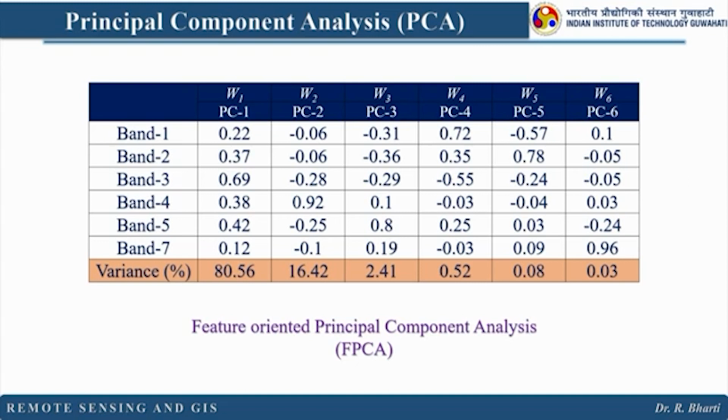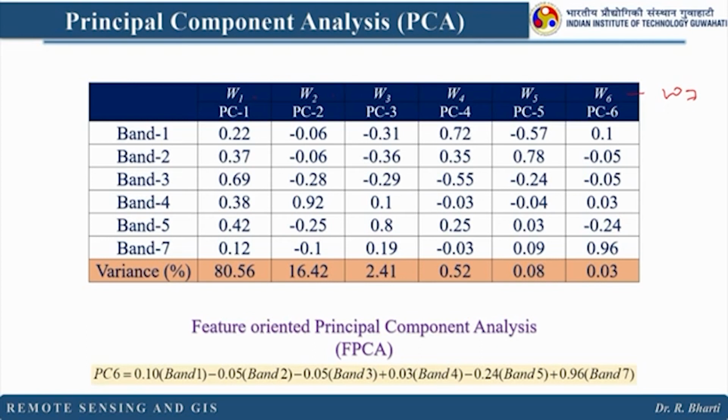I need to find out from this eigenvalue eigenvector matrix which principal component, which of W1, W2 to W7, has the maximum or minimum weightage of band 7, so that this particular principal component can be used to highlight my object.